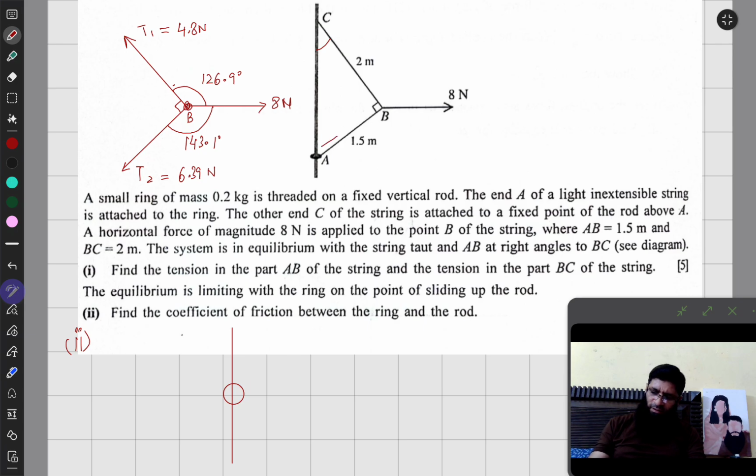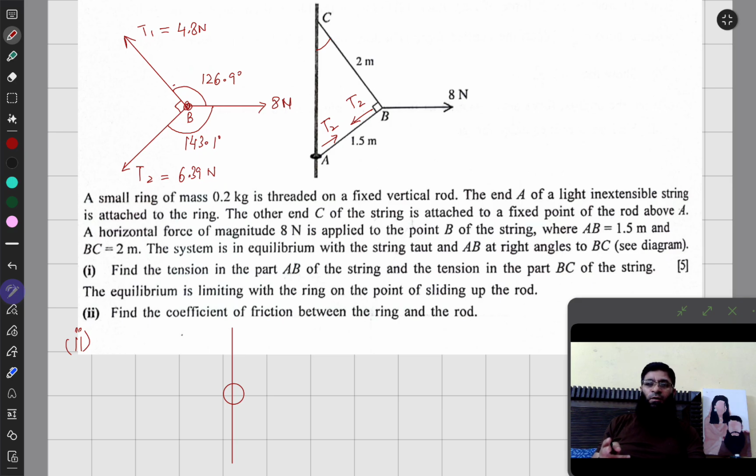Tension T2 was pulling this ring towards this direction, and it is acting at point B. When we study this chapter about connected particles or Newton's laws of motion, we will study this concept in detail, that the force of tension is basically dual-sided.